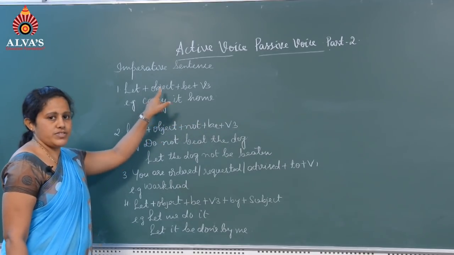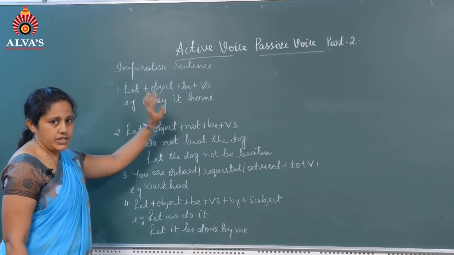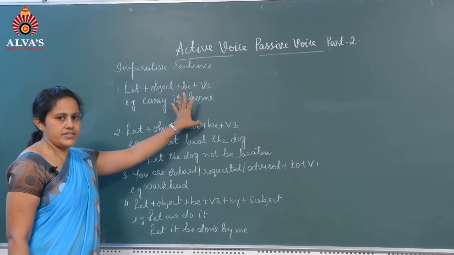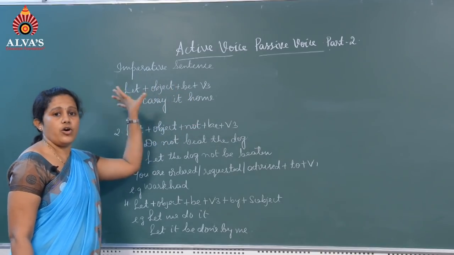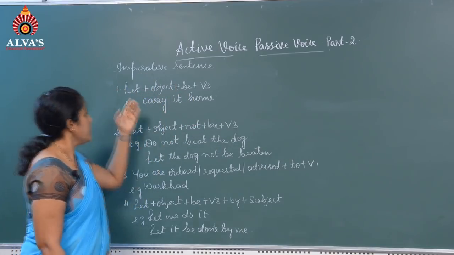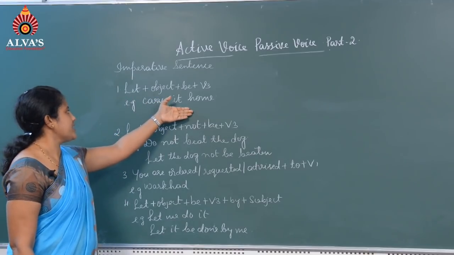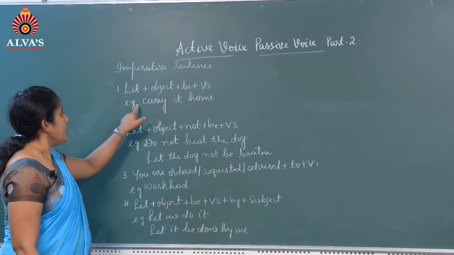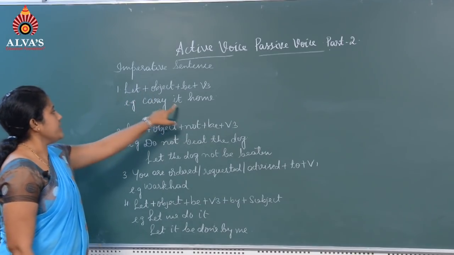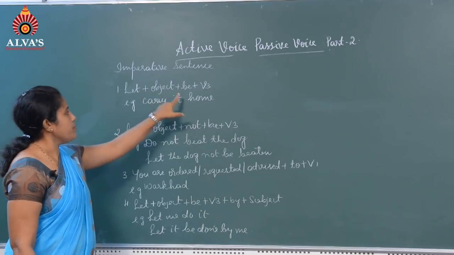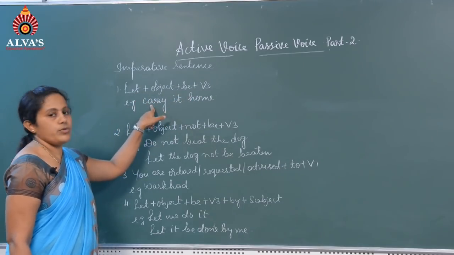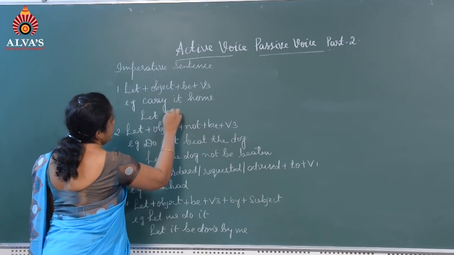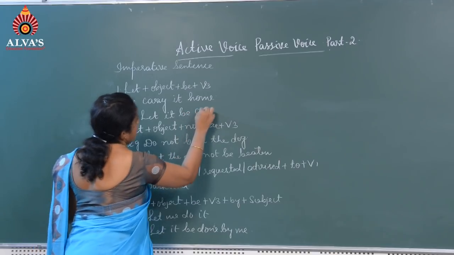Imperative sentences show orders, requests or instructions. So, here carry it home is the example. You have to write let it be carried, the V3 form of the verb.